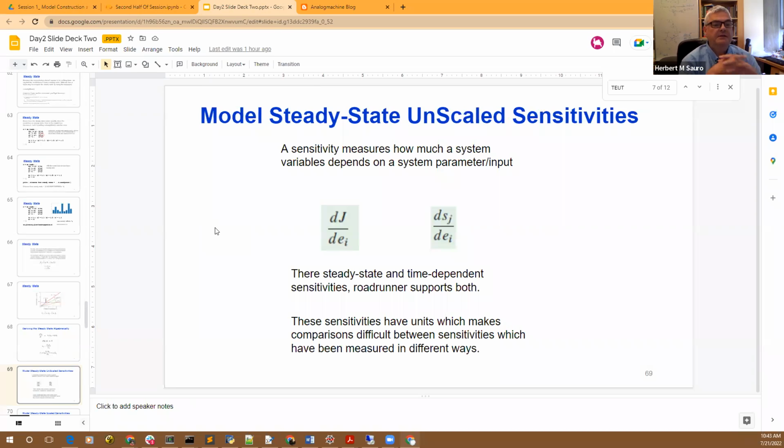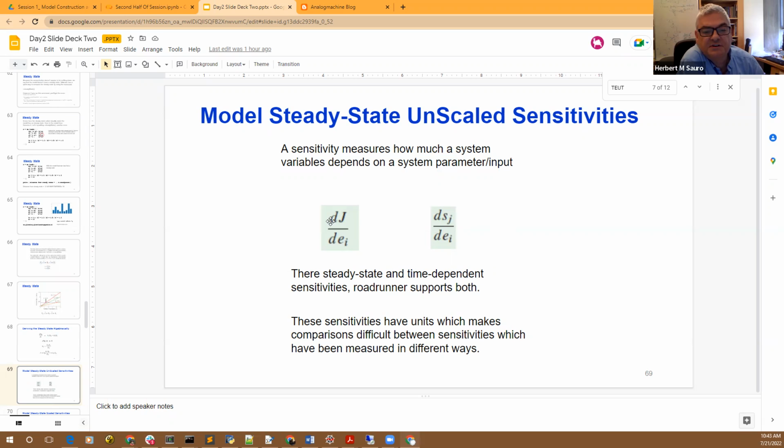So another thing that you might want to do a lot, especially if you do metabolic modeling, is to look at sensitivities. I'm thinking of this from the point of view of metabolic control analysis, but it's basically just sensitivity analysis. There are two different kinds of sensitivities: the unscaled ones and the scaled ones. These are the unscaled ones.